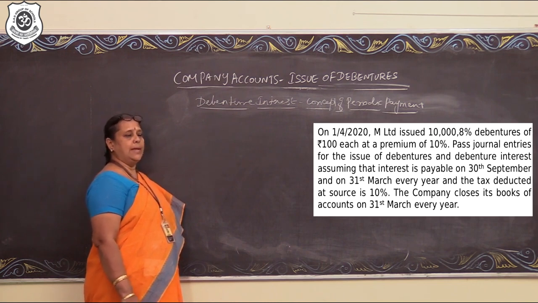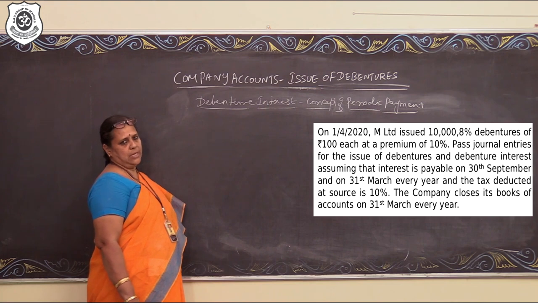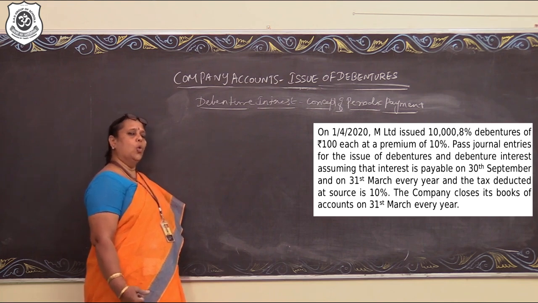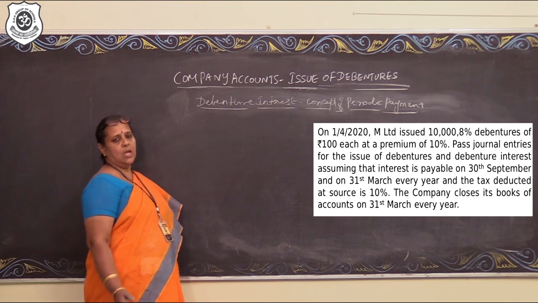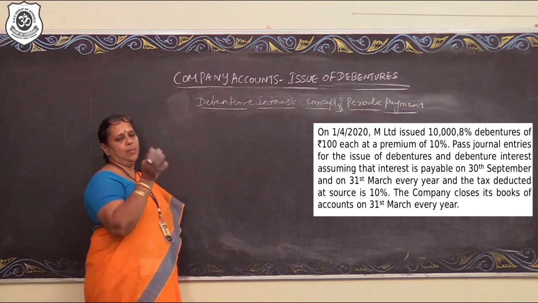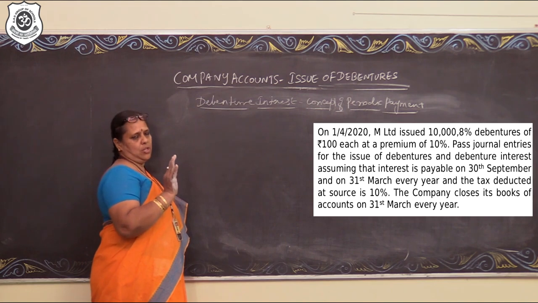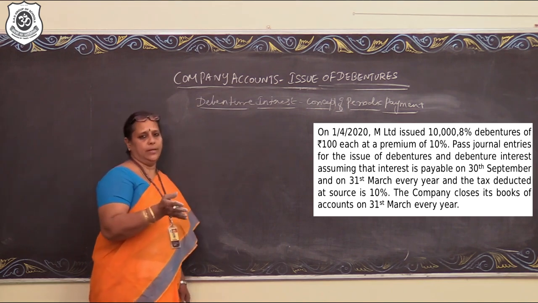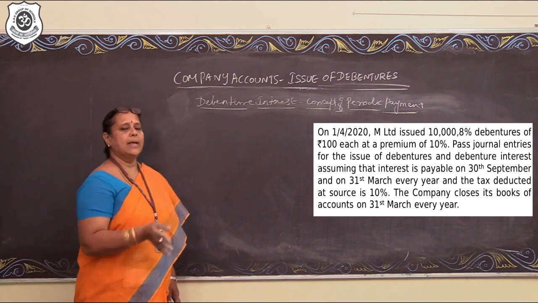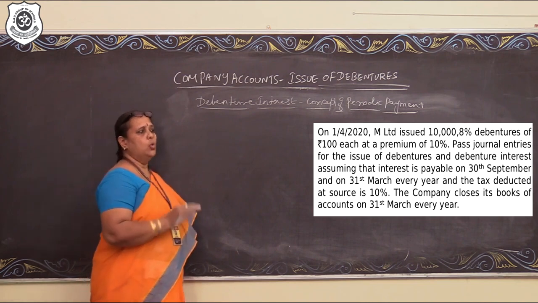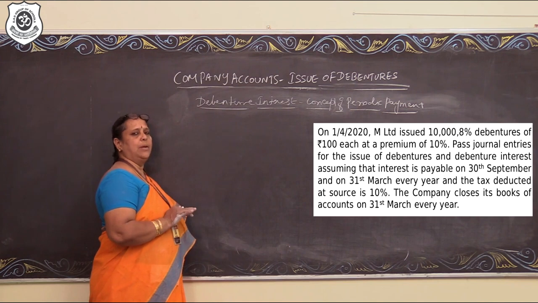You are also given the tax rate at 10%. We can as well go ahead with tax payable, though it is not a part of the syllabus. So we can exempt the tax payable portion alone in the examination. But the concept is to be learnt, to be known, and we know pretty well that debenture interest is a taxable payment only. So we will go ahead with the tax payment also.